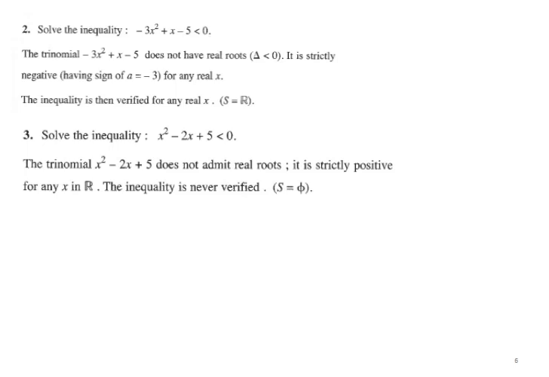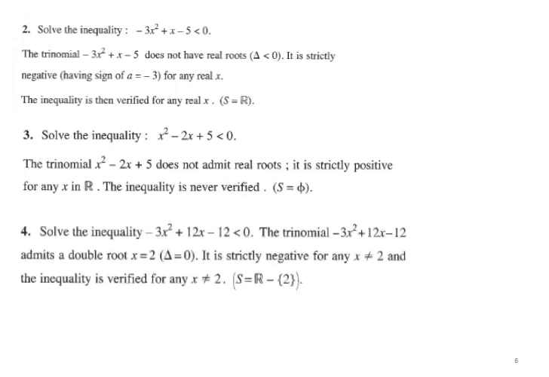But they are asking us to give the solution where this inequality is negative. So this is impossible. Why? Because this trinomial is positive for every x. So it's impossible to replace the x by a value and get a negative expression. So this is never verified, so the solution is the empty set.